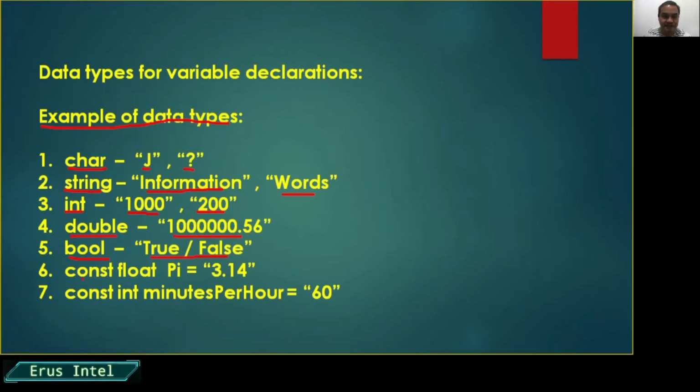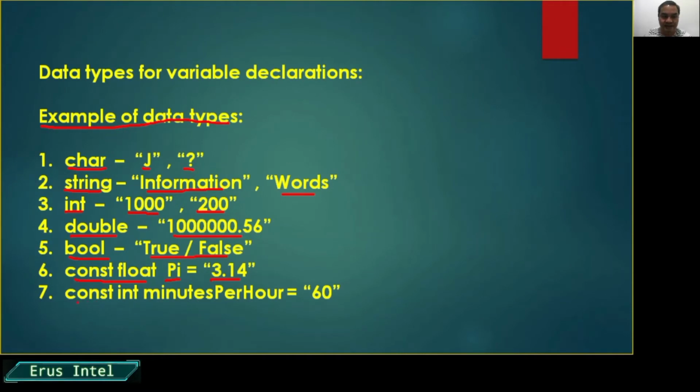And number 6 is a data type for constant float, const float, for a constant like pi, which has a value of 3.14. So this is a constant value for pi.